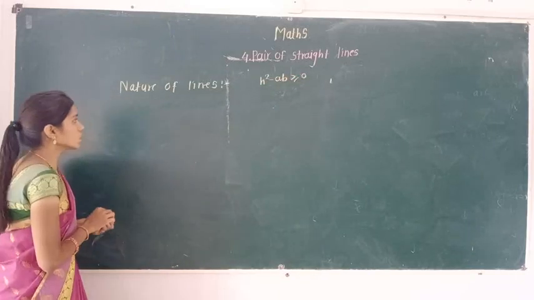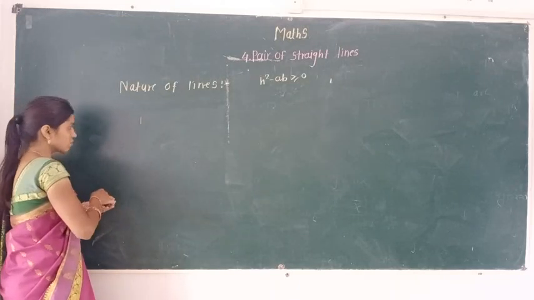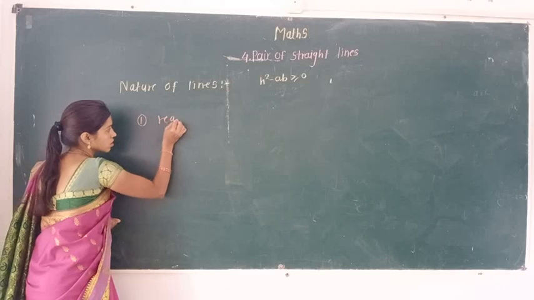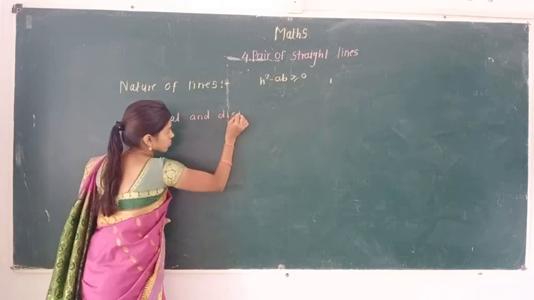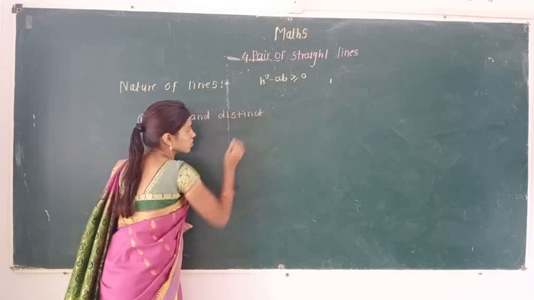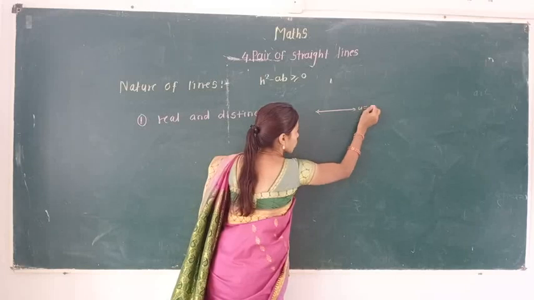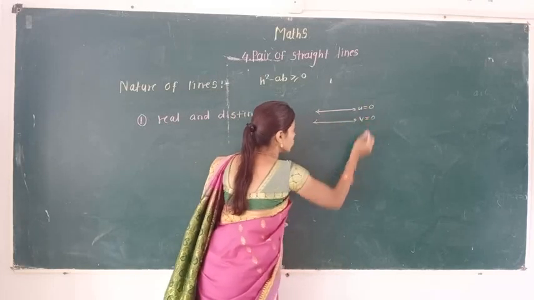So see here, suppose the lines are real and distinct. See here, here is the first line, u is equal to 0. Here is the second line, v is equal to 0.